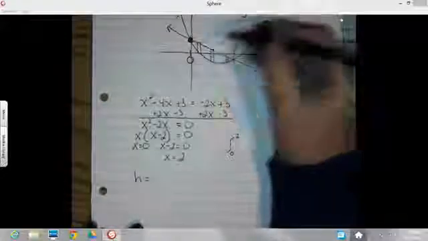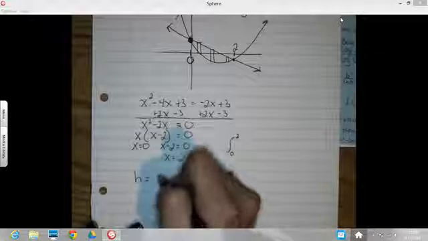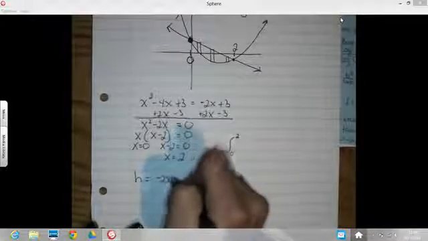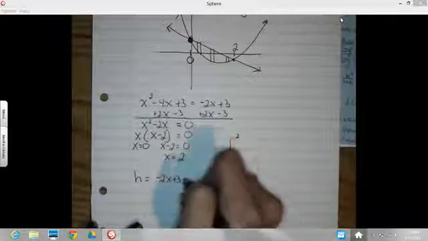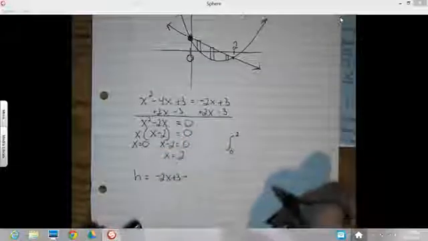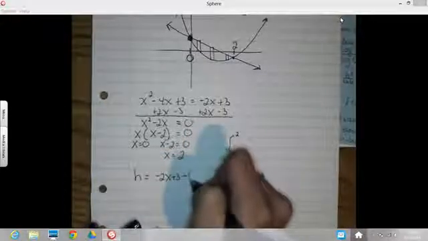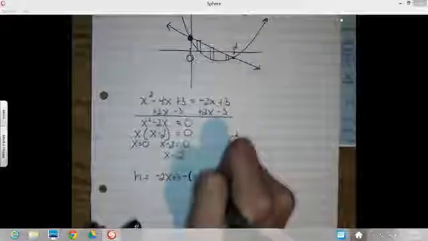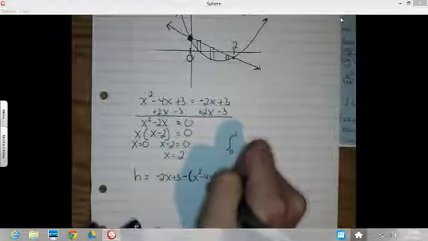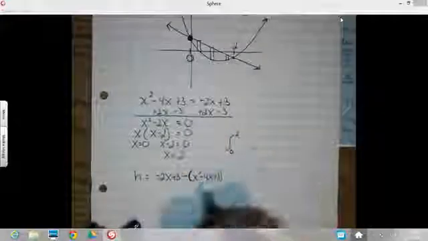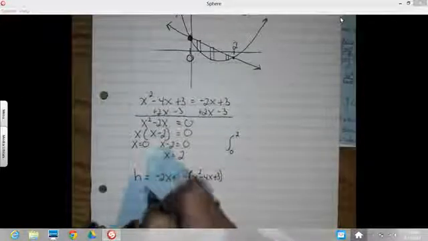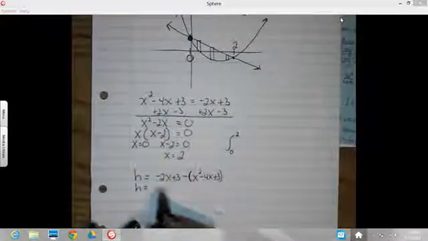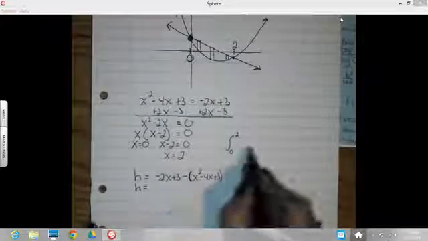So the top function is this linear function, negative 2x plus 3. I've got to subtract the parabola, and I'm going to need parentheses because there are 3 parts to the parabola: x squared minus 4x plus 3. Now if I just simplify in here, I'll have a nice expression for my height. I'd rather do all this algebra off to the side and then set up my integral.